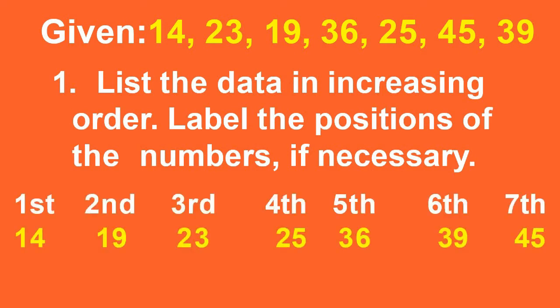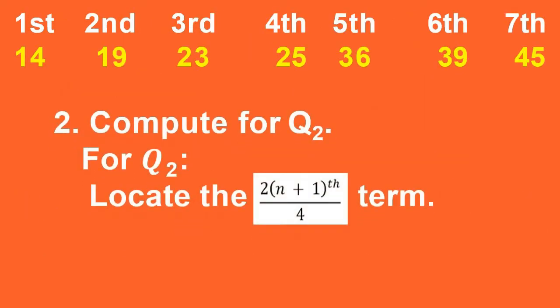So we will have first number 14, second 19, third 23, fourth 25, fifth 36, sixth 39, and seventh 45. Let us again compute for the second quartile by using 2 times the quantity (n plus 1) all over 4 so that we can locate the second quartile.